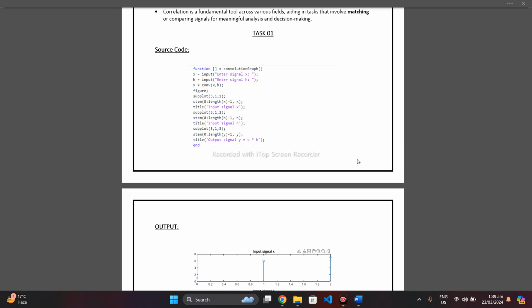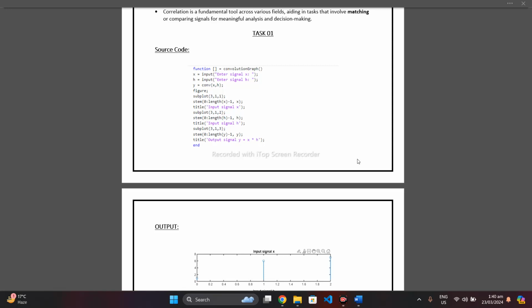Then we use the figure command for providing a figure. Then use subplot 311, then use stem for providing x, then use title input signal, then subplot 312, then stem for providing h signal, then use title, then again use subplot 313, and then use stem for providing the convolution of both x and h, and last we give the title output signal and then end.